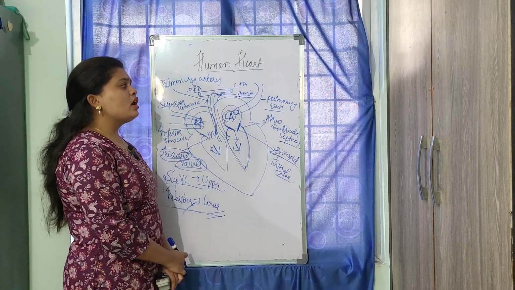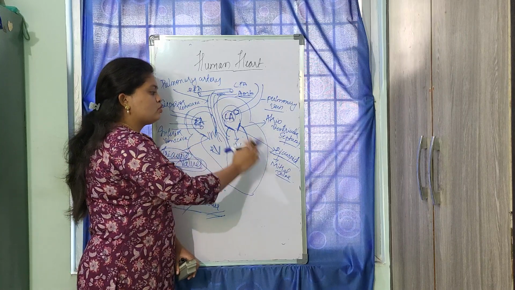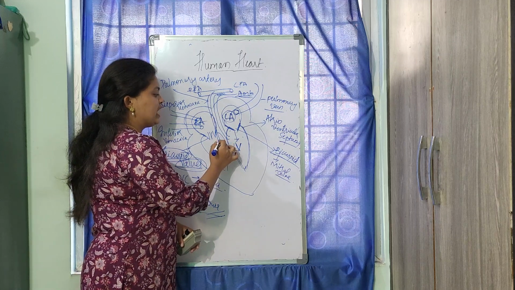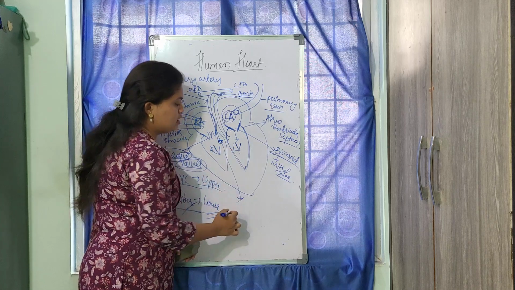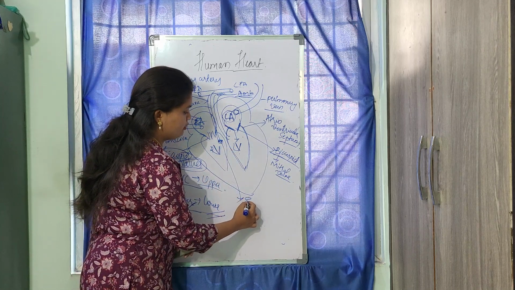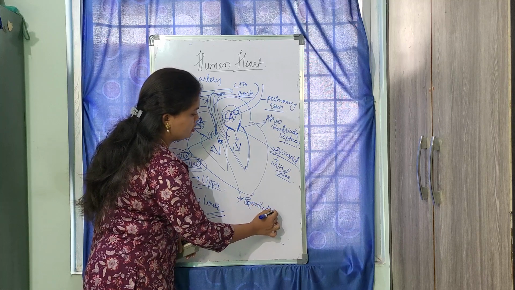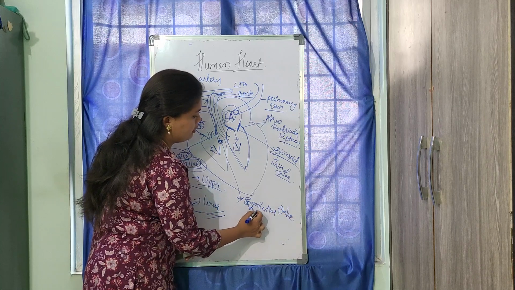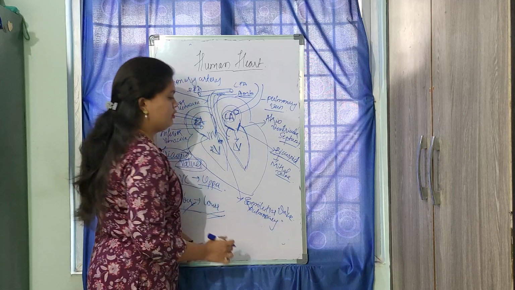Okay, so when I am talking about valves, there are not just two valves, there are many more. There are valves at the end of this pulmonary artery also. This is called a semilunar valve, particularly the semilunar pulmonary valve.